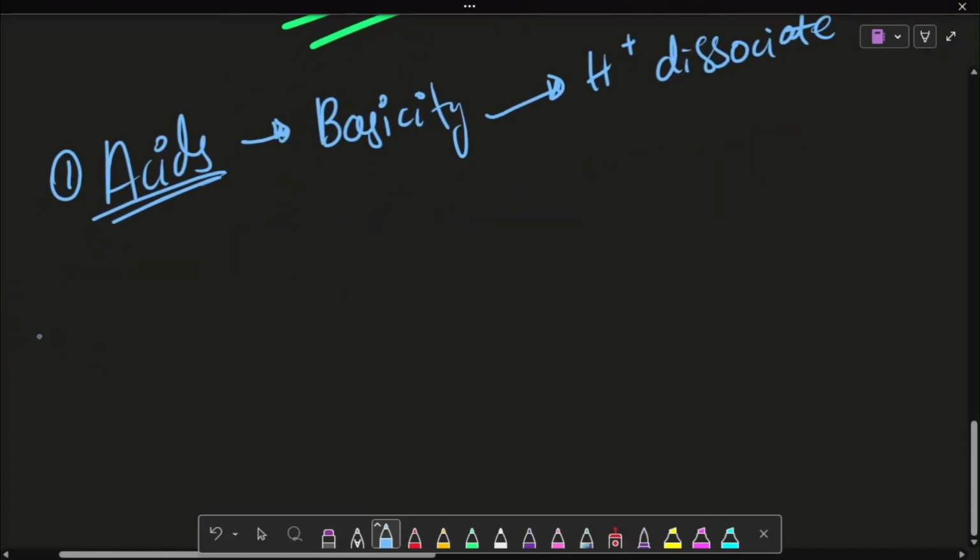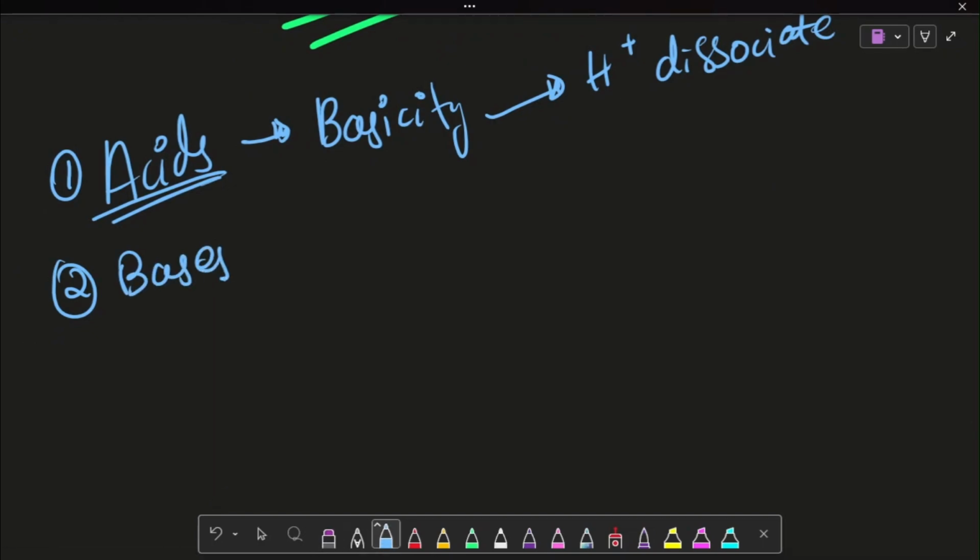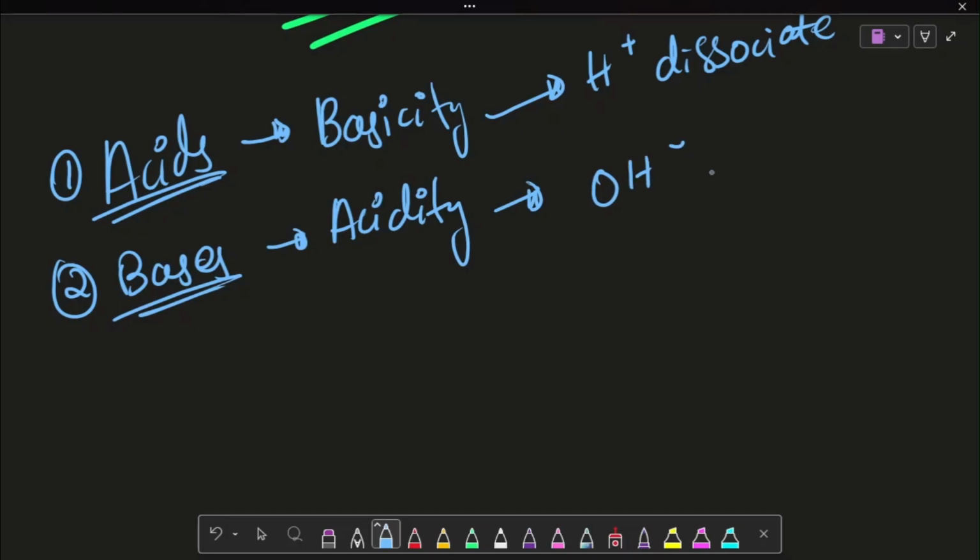Okay, the second one would be bases. For bases, it would be its acidity, the number of OH minus it can dissociate.